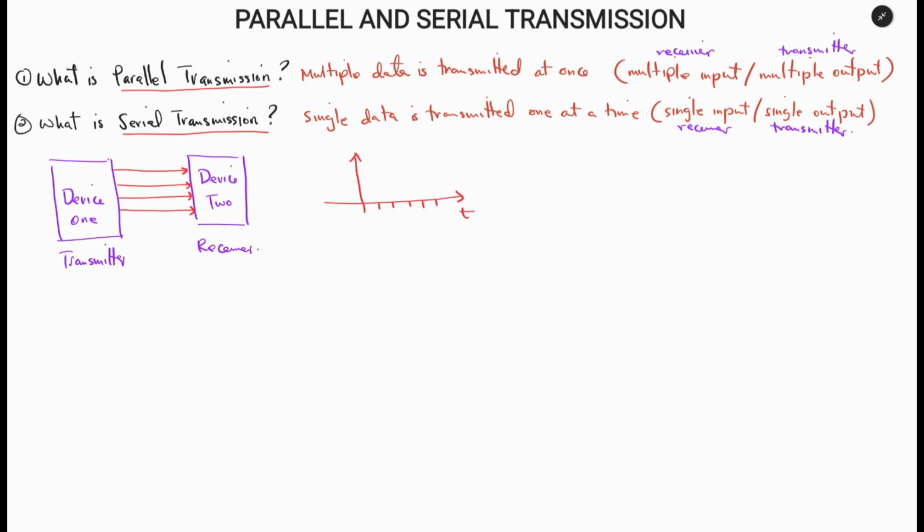Now if we have 4 data lines, that means we can have signal 1, signal 2, signal 3 and signal 4.